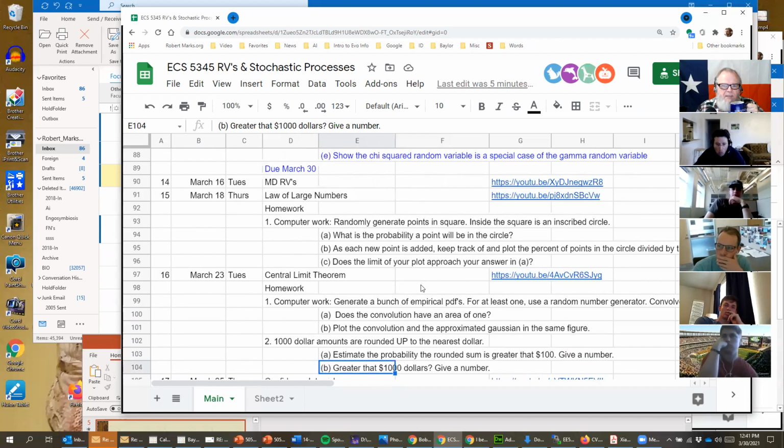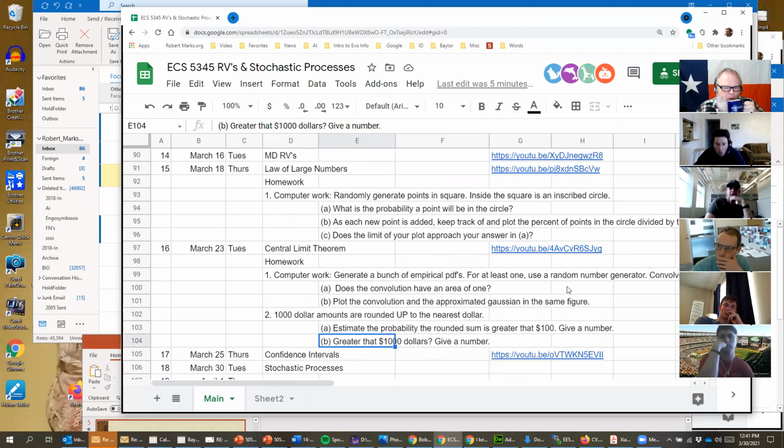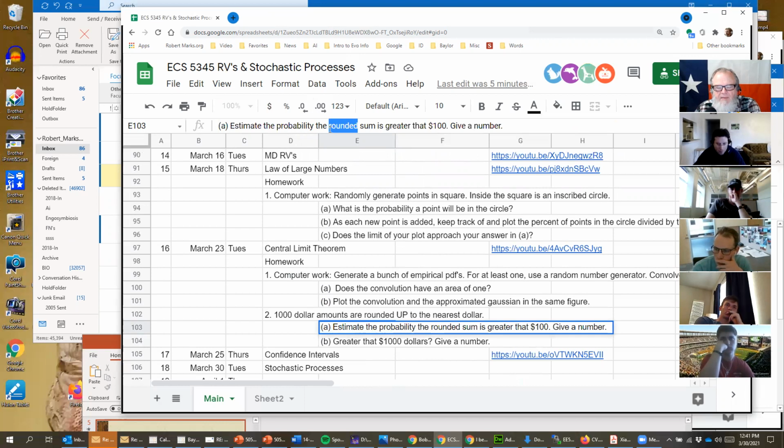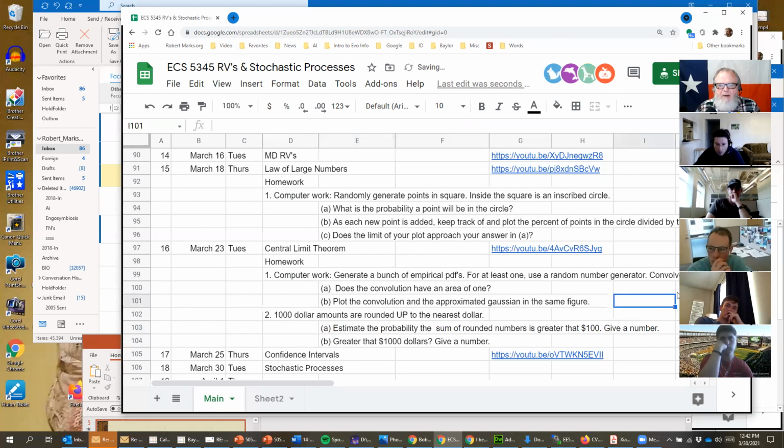Okay, any questions? Yeah. On that one, when you say rounded sum, do you mean the summation of the amounts you rounded by? Yes. Okay. Okay, so that probably the sum. Okay, I started a bunch of sentences here. Okay, how's that? That's probably better wording.